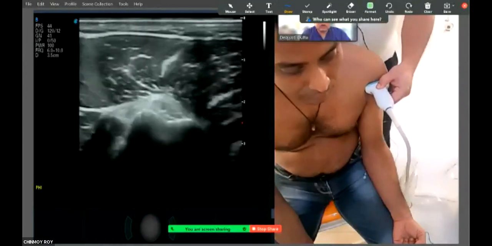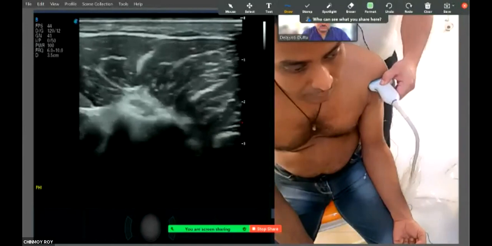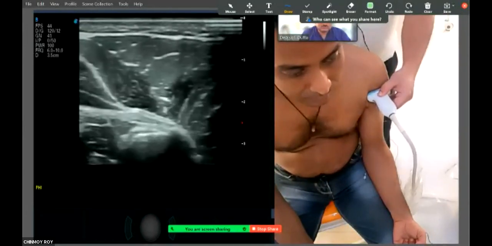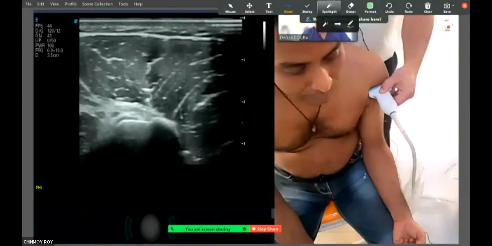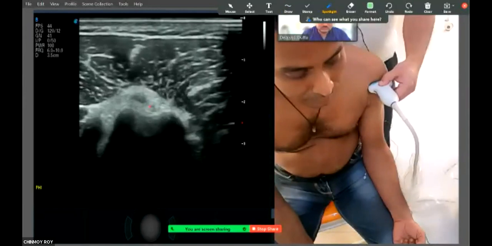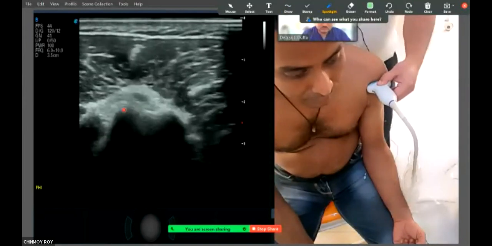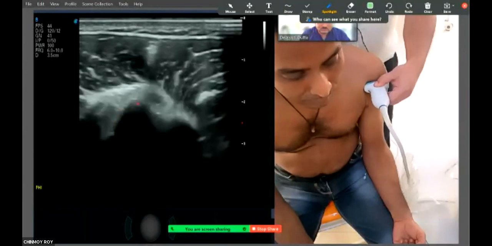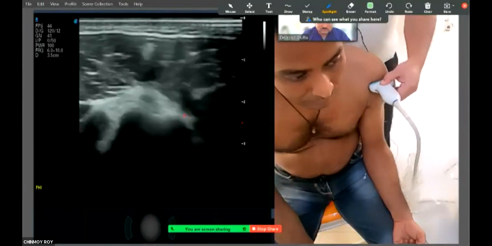Here also there is a single bony shadow. As I am going up, this is becoming two shadows, and in between there is a gap.